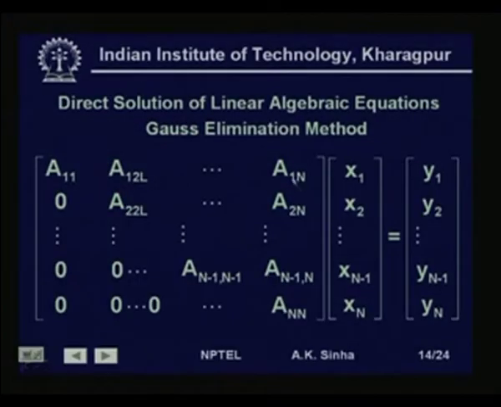Now, how do we solve this set of equations, that is, this A x is equal to y? How do we solve this kind of a system of equations? One method, as we said earlier, is to take the inverse of A, pre-multiply it on both sides, then x is equal to A inverse y.